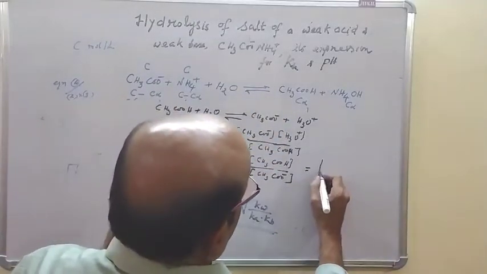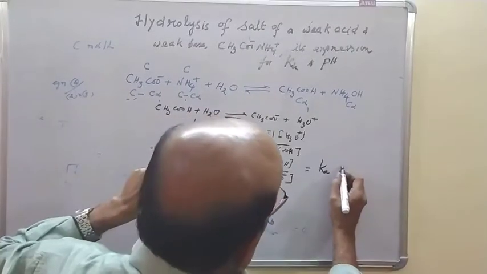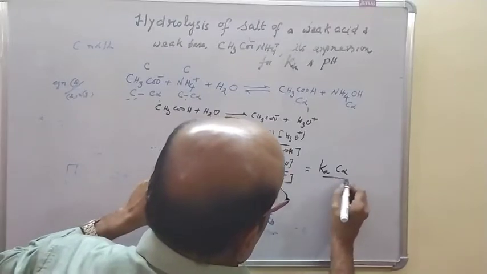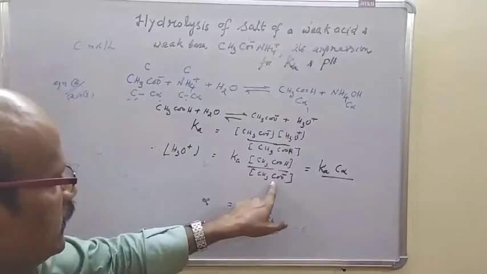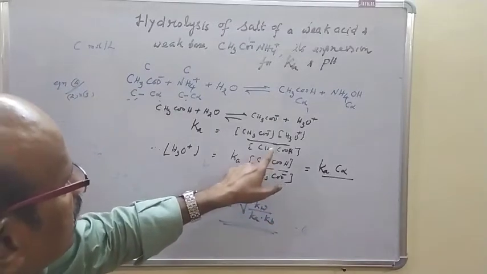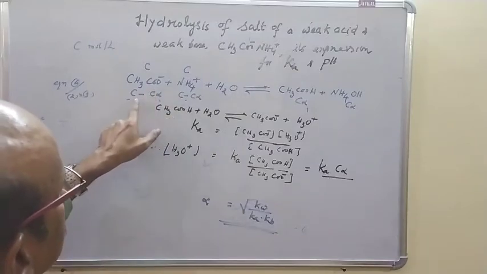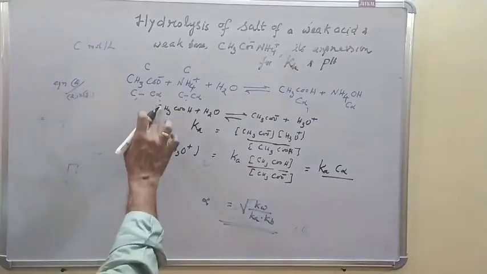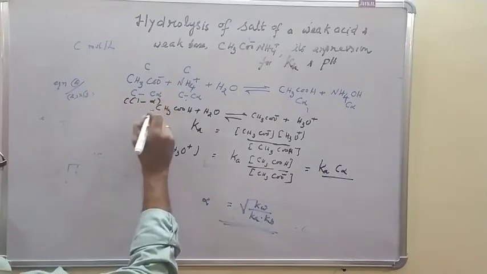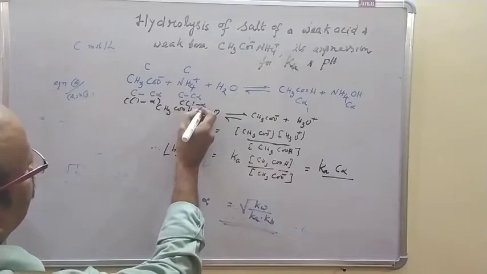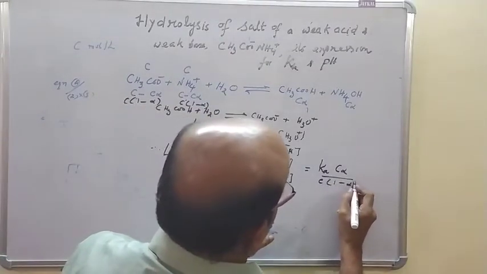That is equal to Ka into C alpha divided by the concentration of acetate ion, which in this case is C into 1 minus alpha.